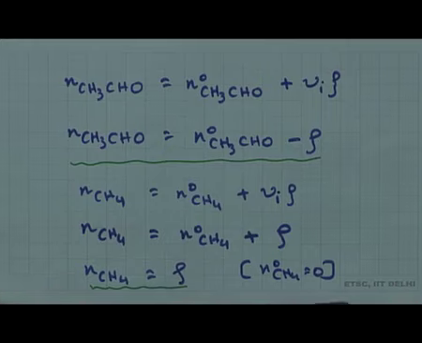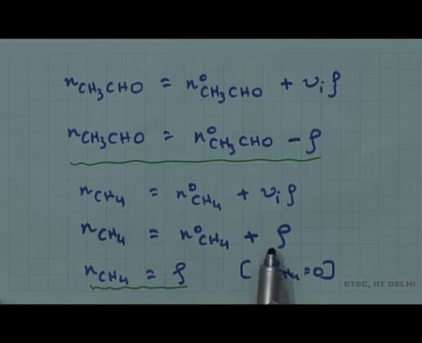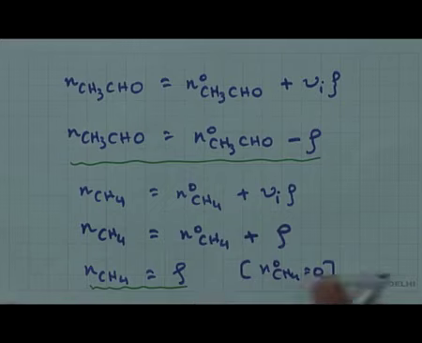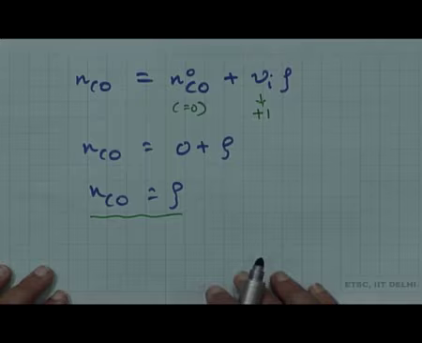There was no CH4 to start with, and because it is a product, you are gaining it as a function of time, so it has a positive value and the coefficient is 1. So N CH4 is equal to xi, and the same for N CO, which is also equal to xi.